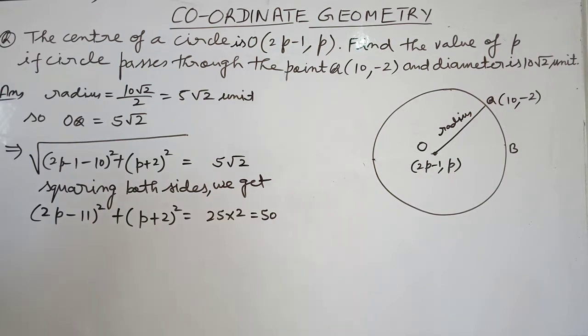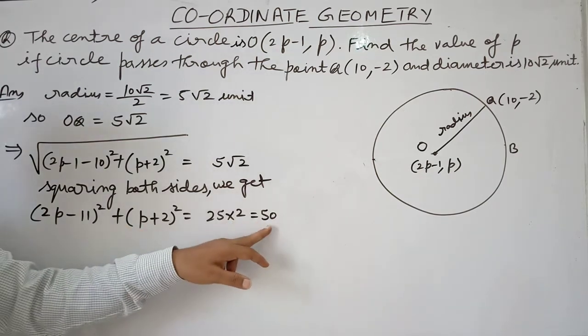So we have (2p minus 11) whole square plus (p plus 2) whole square equal to 50.